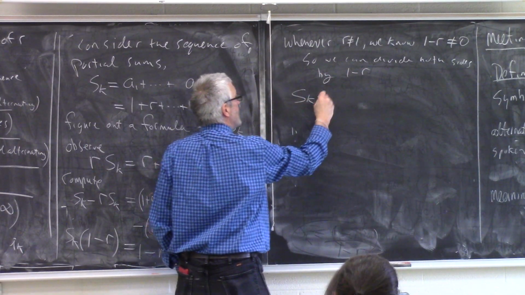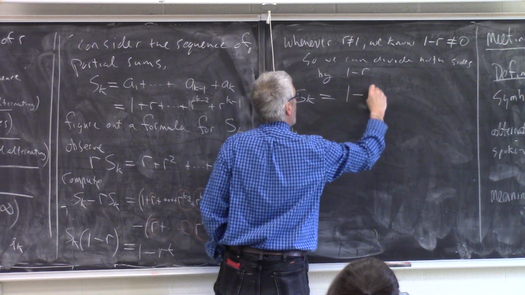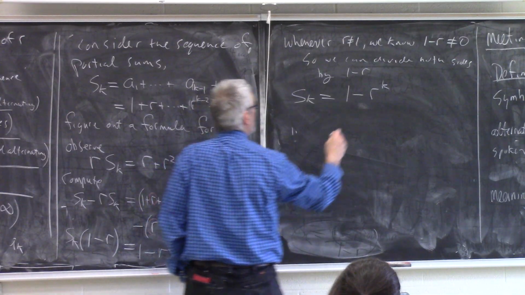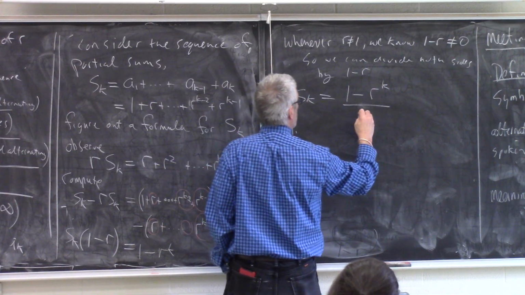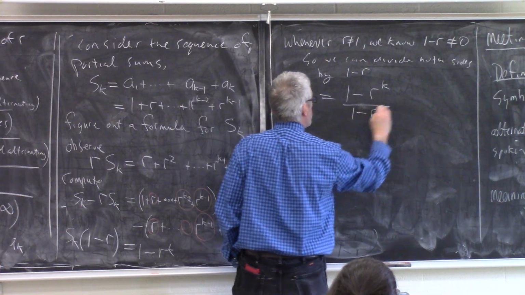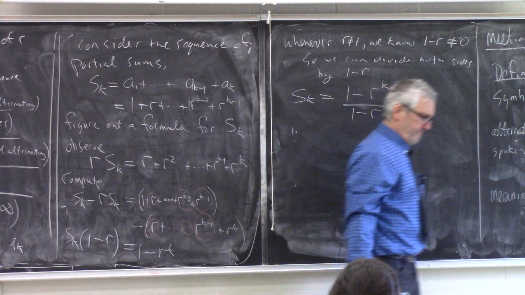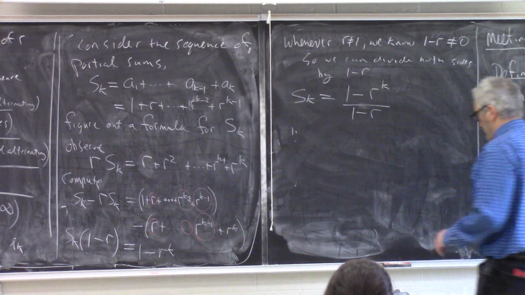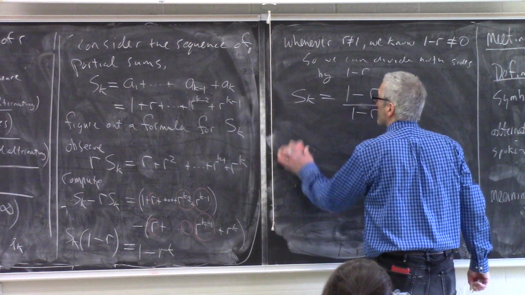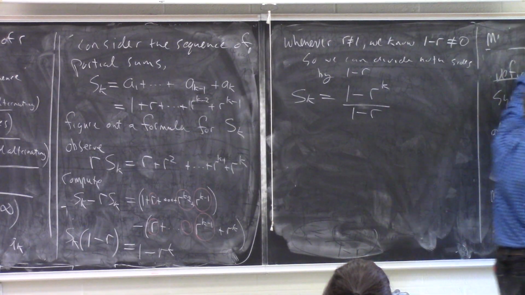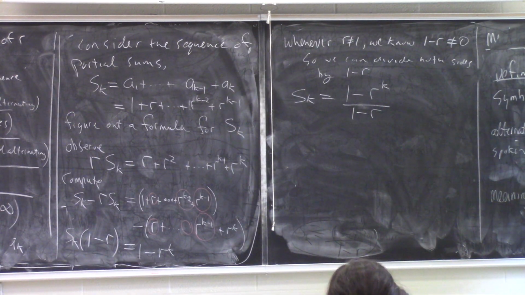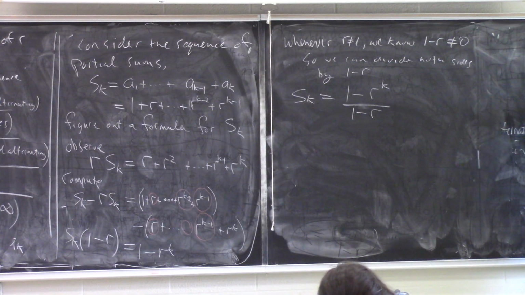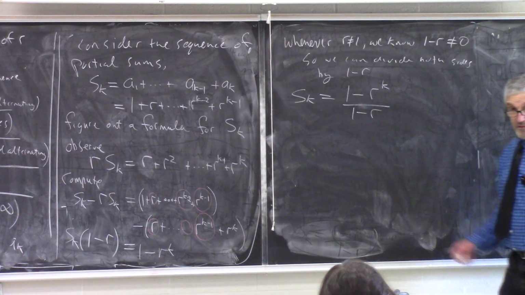S subscript k equals 1 minus r to the k divided by 1 minus r. So this is a really cool formula.